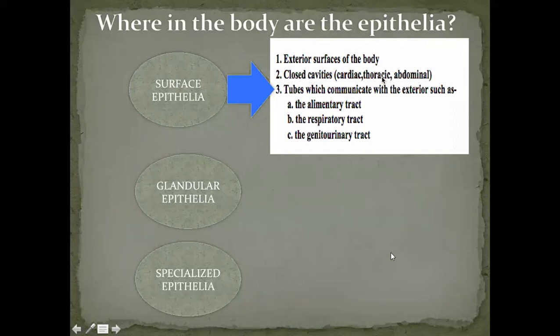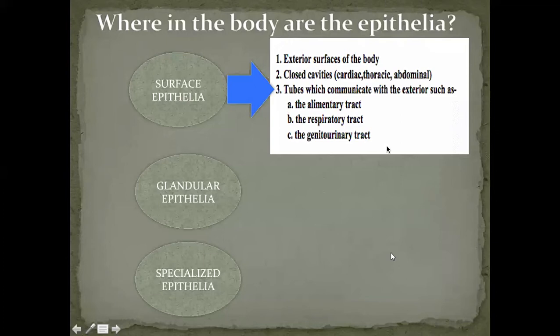Another example of surface epithelia is that they also line the tubes which communicate with the exterior, such as your alimentary tract, from mouth to anus, the coverings of your respiratory tract, and the tubes of your genitourinary tract.